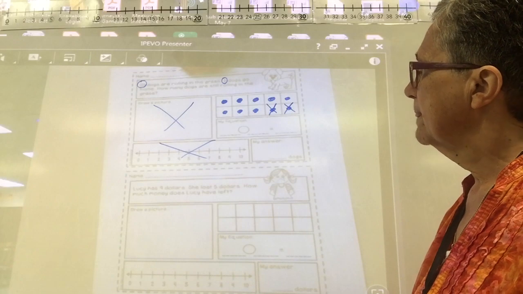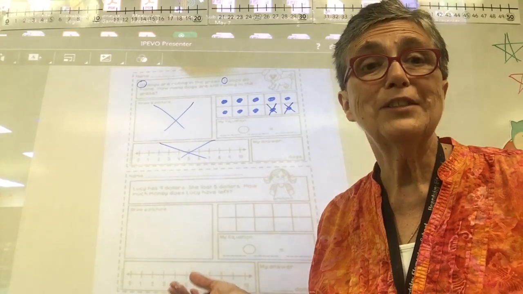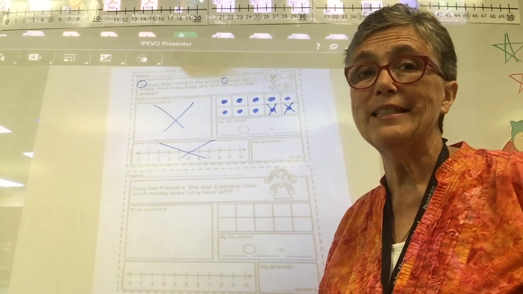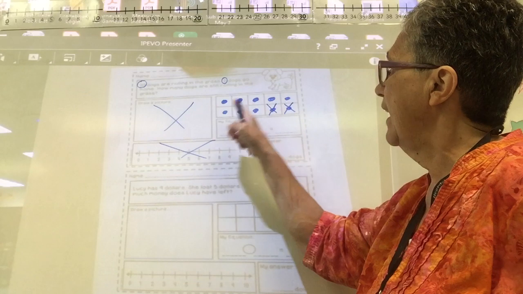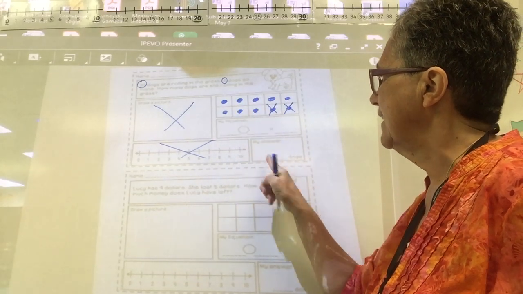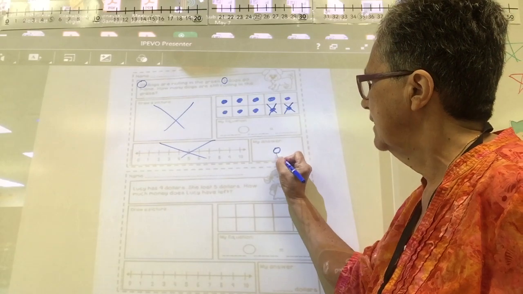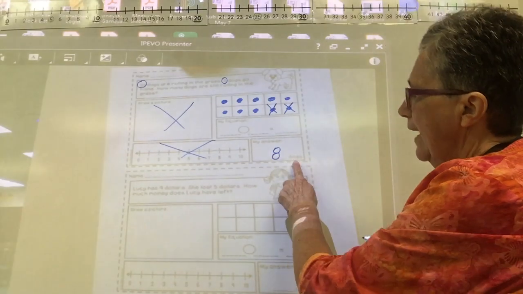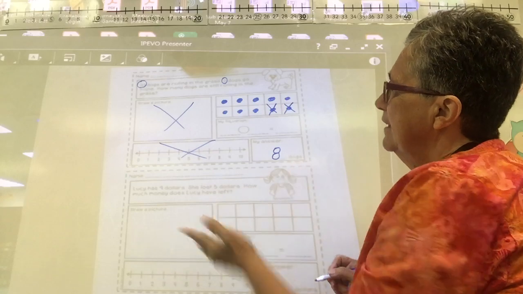Okay? So now, what's the answer? We just count the rest of the dots that we didn't cross out. 1, 2, 3, 4, 5, 6, 7, 8. The answer, my answer, 8. And they already wrote dogs for you, so we know what we're counting.